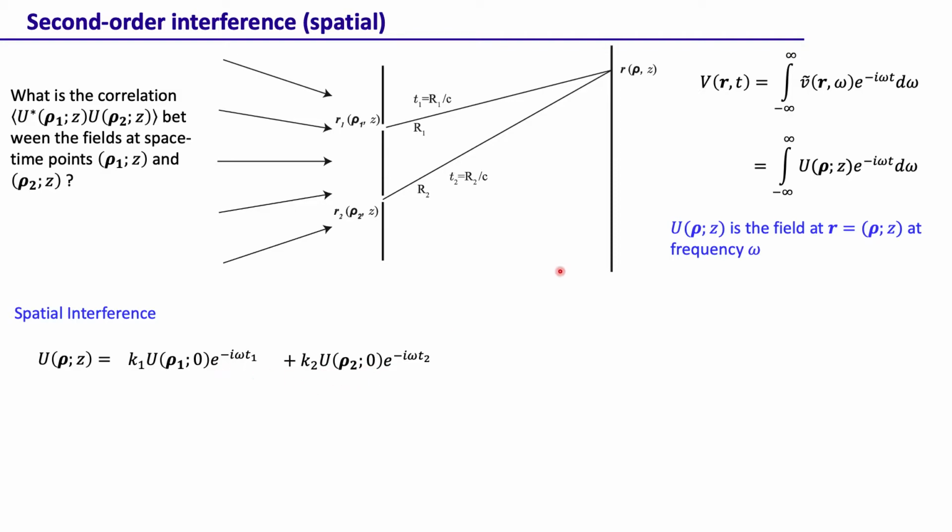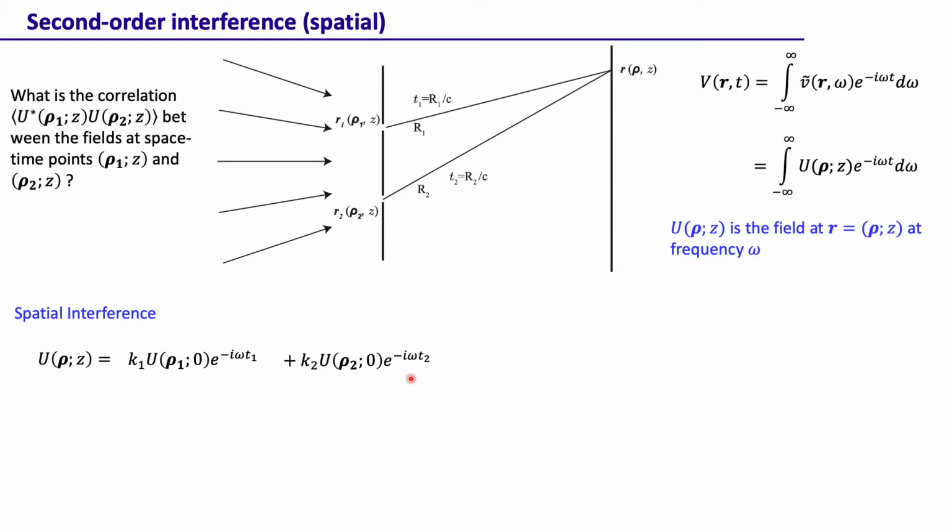Then it will also have a contribution from this particular slit, which contains the field at rho 2, and of course this phase factor because it travels a separate distance than this one. So the time it takes for light from here to there is t1, and in this case is t2, and that's what shows up.